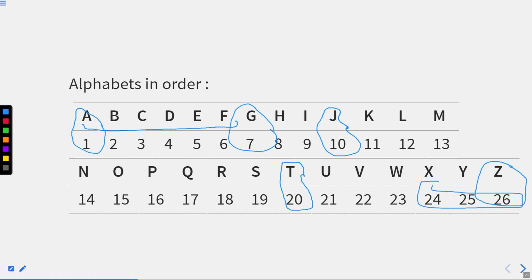So these three are also easy to remember. Now you can also remember some multiples of 5. The 5th is E, the 10th is J as I said, the 15th is O. So multiples of 5 can be easily remembered. There are a total of 5: E for 5, J for 10, O for 15, T for 20 which we already discussed, and Y for 25. So these are some basic tricks that you can always remember while writing your answers.